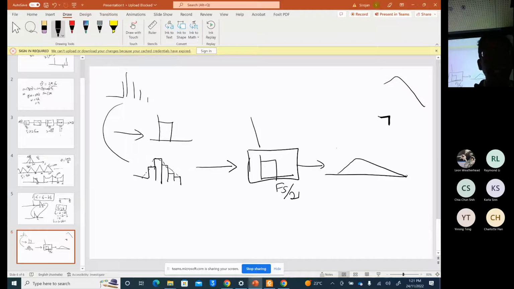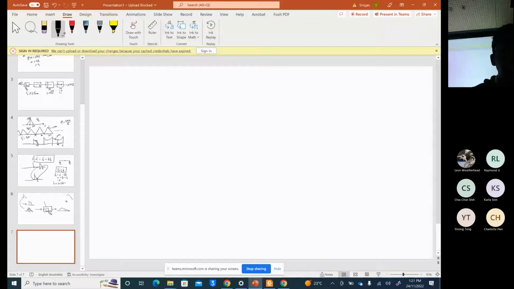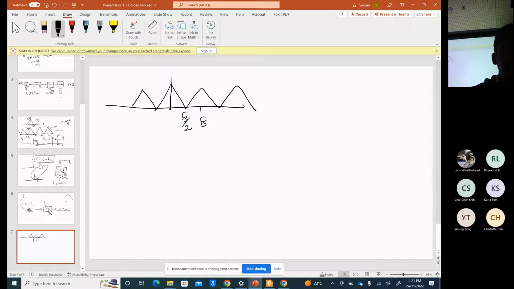But in the frequency domain representation, what you can think of is, let's say, the earlier analog signal's spectrum looks like a repeated spectrum, repeated at fs by 2, and here fs. Likewise, it is a repeated spectrum.